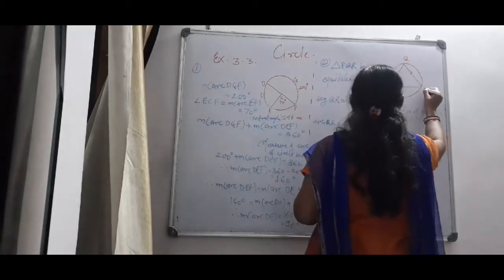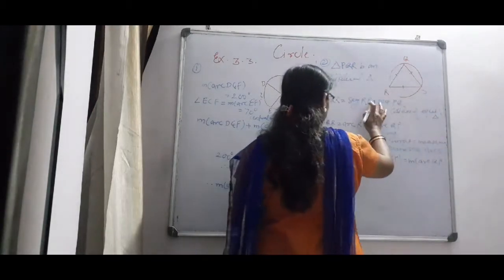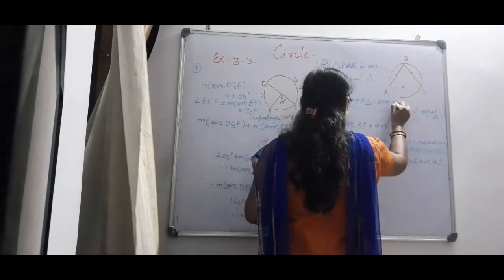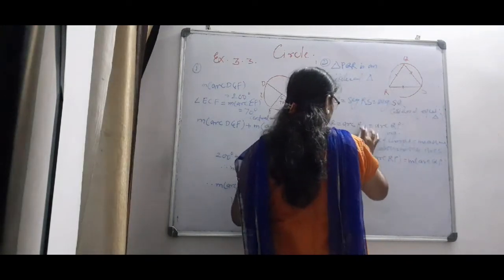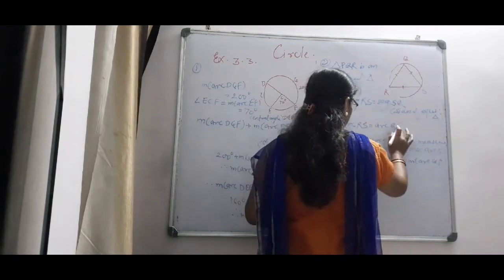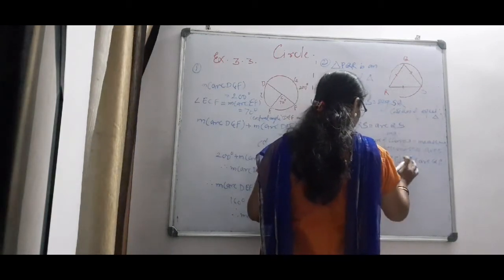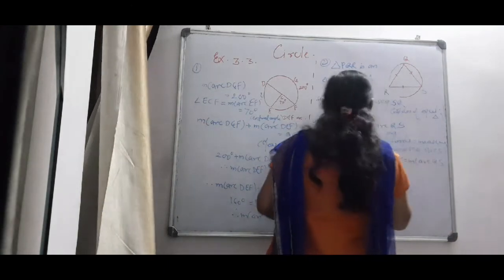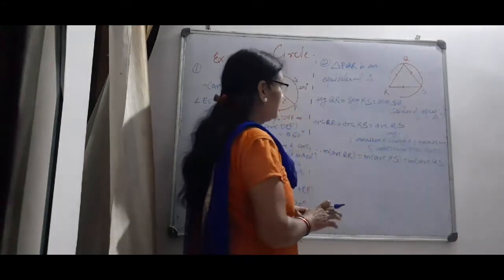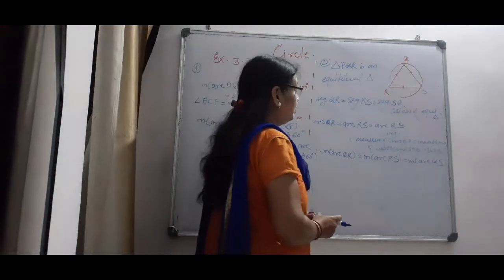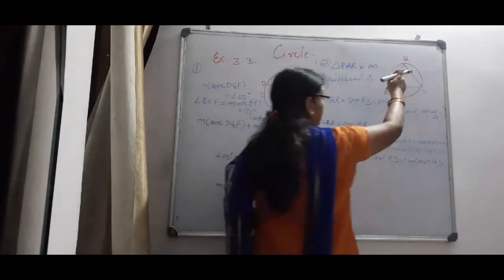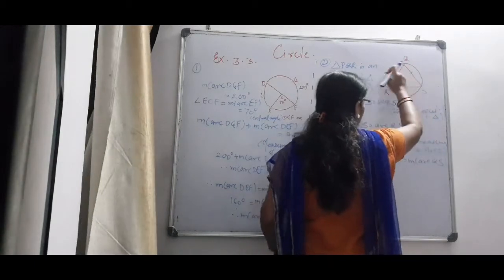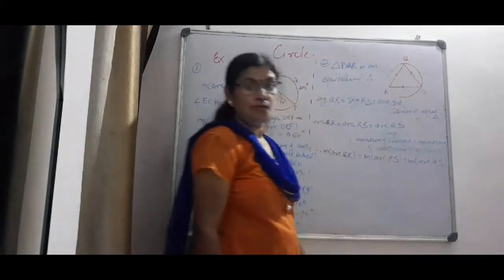So here you have to take S. You have to show that QRS is 240. For 240, first you have to find out the measure of each arc.